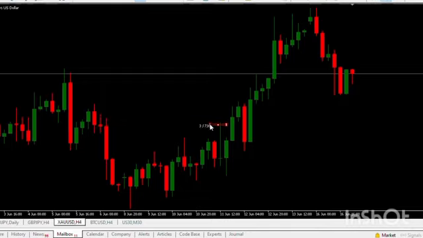Let's take this for instance. This particular engulfed candle, you can see this particular one here where my mouse is. Sellers tried to push. We could say this is an engulfed candle because the red one, which represents the bearish side or the sellers, is bigger than this one, so it engulfed it, but they could not push further.